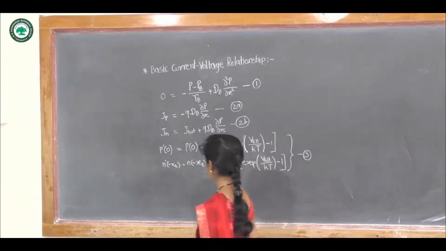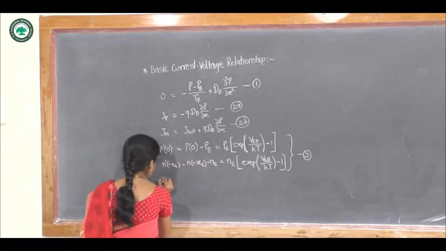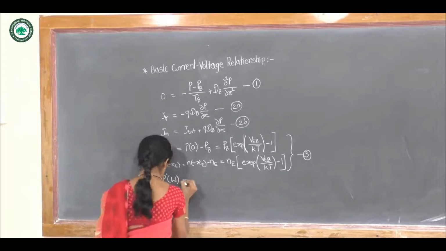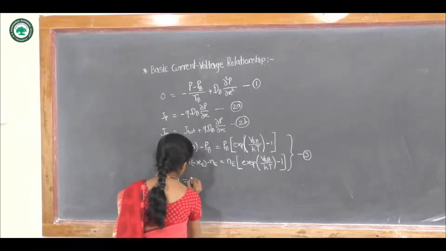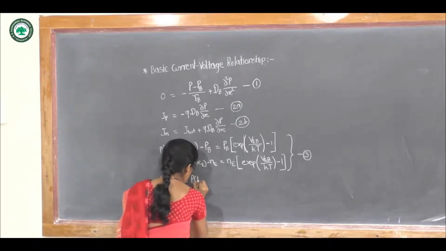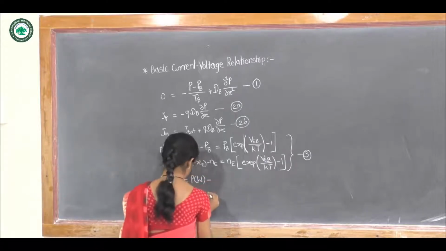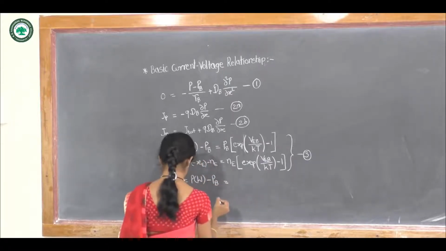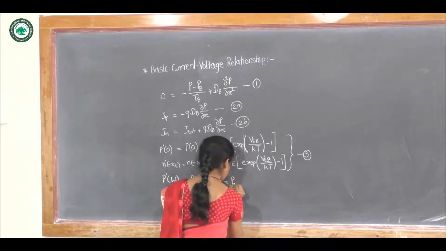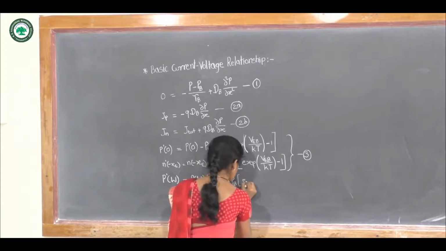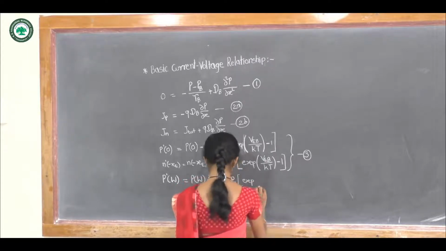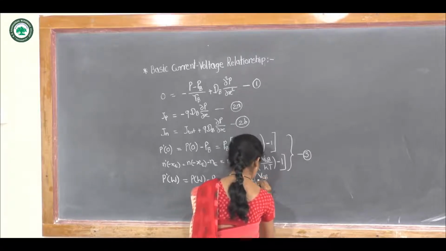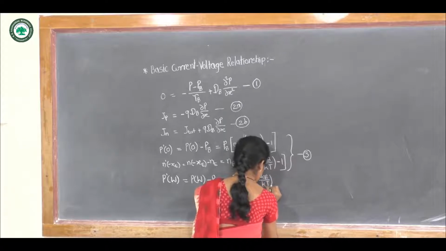Similarly we may write for the collector junction P dash of W, which is equal to P of W minus PB, which is equal to PB into exponential of (qVCB by KT minus 1).